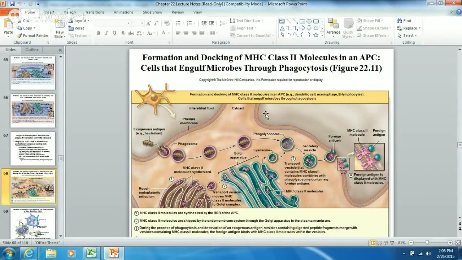Well, when it's released in that lysosome, that phagosome is floated over beside the lysosome, and then they get to know one another a little bit better. They get to know one another better, all right? They destroy that pathogen that was on the inside. And in the process of that, they take a piece, a foreign antigen piece, off of the bacterium.